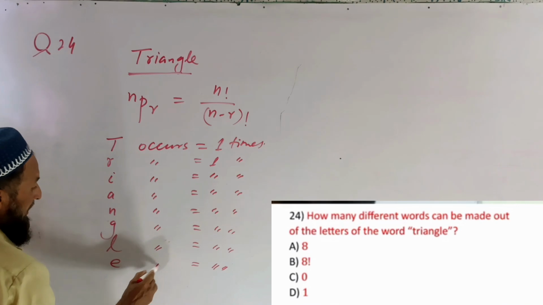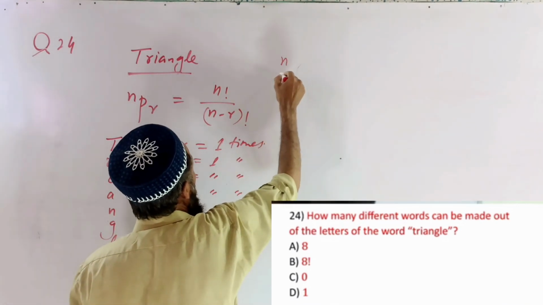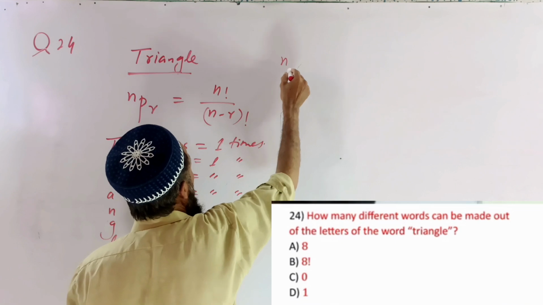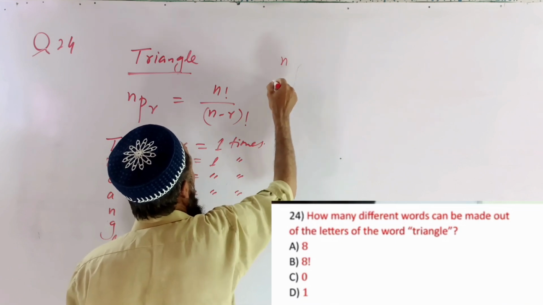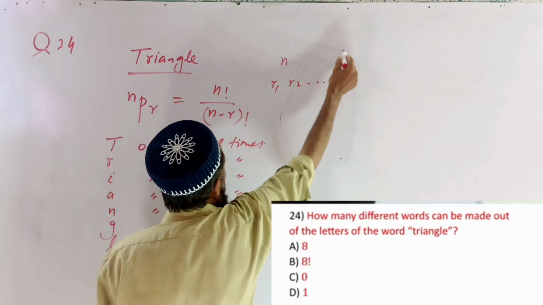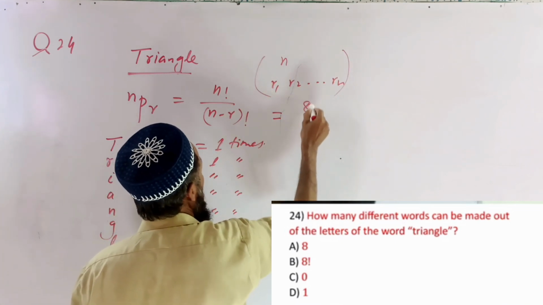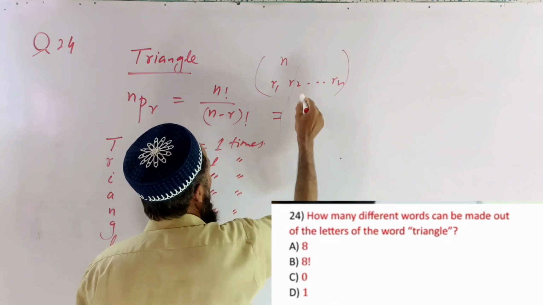So for this reason we are using the formula for permutation with repetition: n factorial over r1 factorial, r2 factorial, up to rn factorial. Here n is equal to 8, total 8.